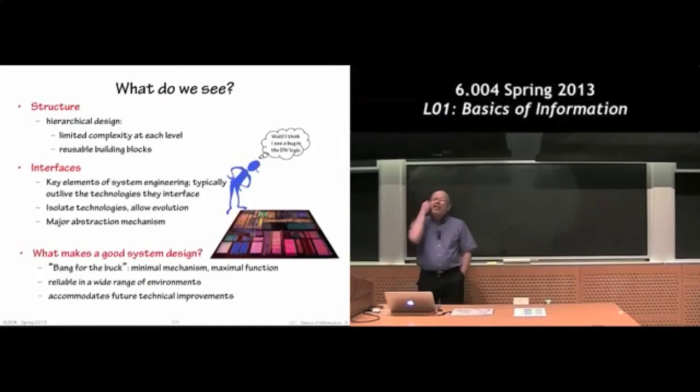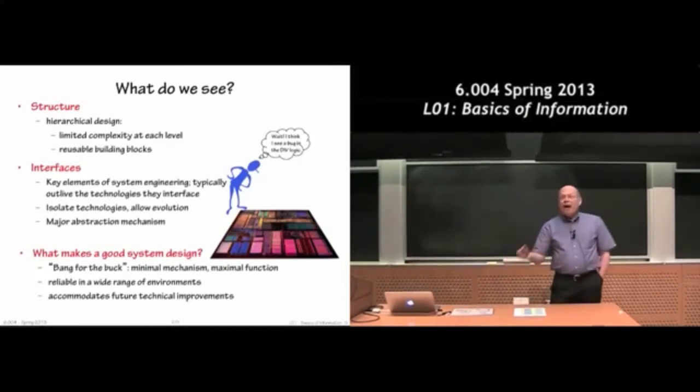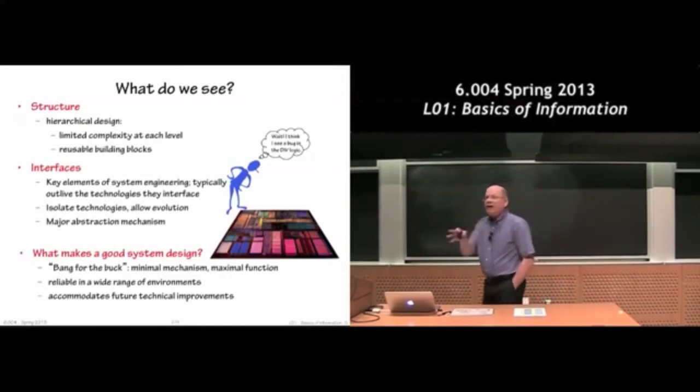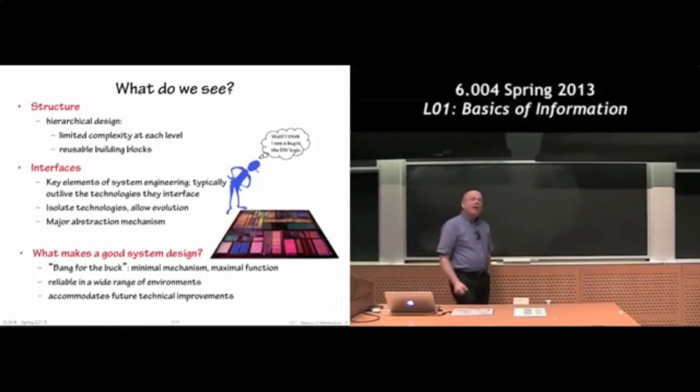So what makes a good system design, a good digital design? Well, we're looking for something that, for every dollar that we spend, gives us long battery life and high performance. It depends a little bit on what the application is. But we clearly have some metrics that we're going to use to judge the quality of our engineering. We want it to be reliable.